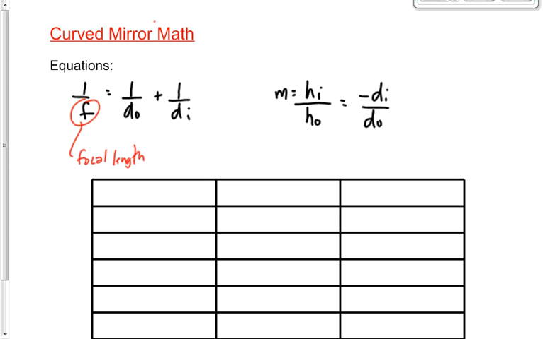What do you think dO stands for? It's a distance, right? We're not going to call something that's not a distance d. dO is the distance of the object from the mirror. We call it the object distance.